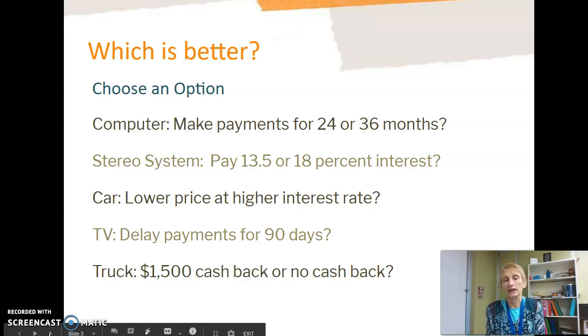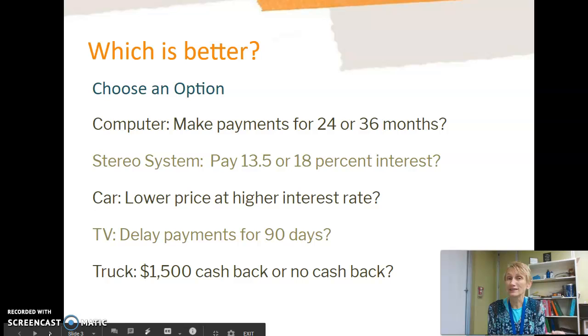And then a TV, it's good to delay your payments for 90 days if at the end of the 90 days you could just pay things off. Or sometimes it's, oh, no payments for 90 days, but the interest actually starts on day 1. So then it's probably really not a good idea because you're paying more interest. 90 days same as cash means no interest. So if you pay it off in 90 days, you're not paying any interest.